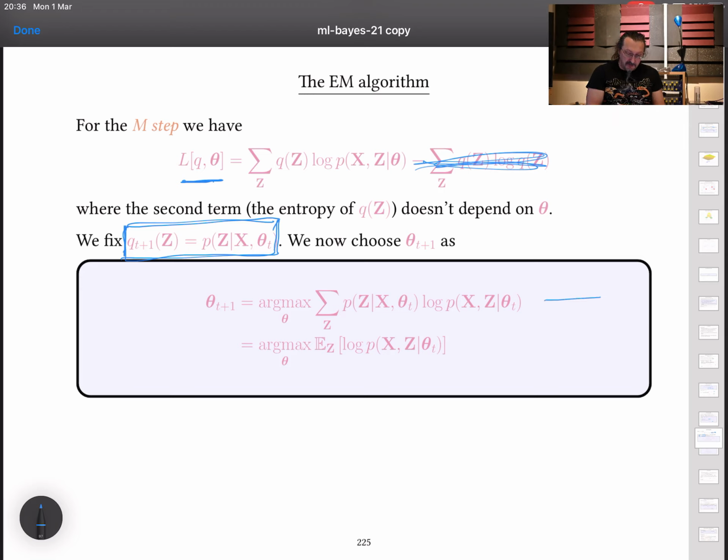Which gives us directly this expression, and we can also write that as an expected value. Sometimes I think it's easier to think of things as expected values. We're actually interested in the expected value of this kind of joint likelihood with respect to Q, in fact, the Q at time t+1 that we've just derived.